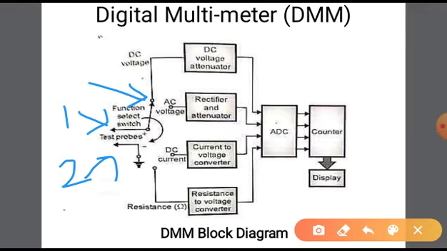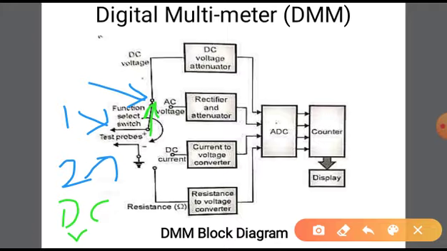Suppose you measure DC voltage, at that time your switch is on the DC block. DC input is available here, which is the unknown voltage to be measured. The DC voltage then comes here.